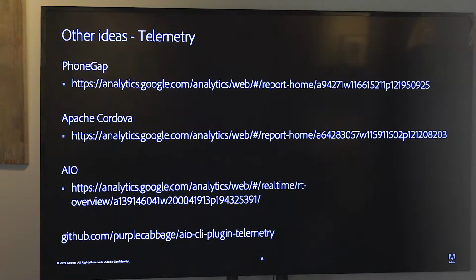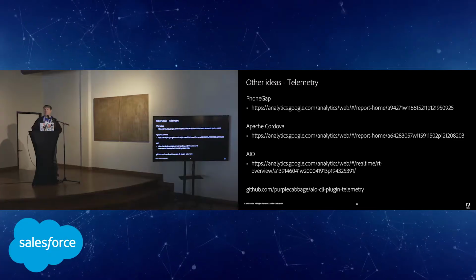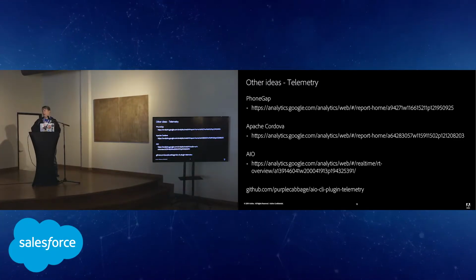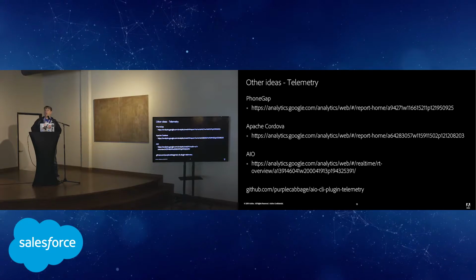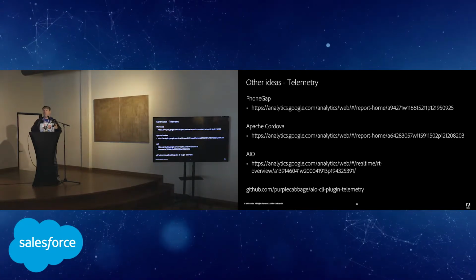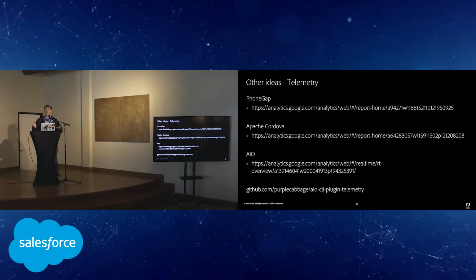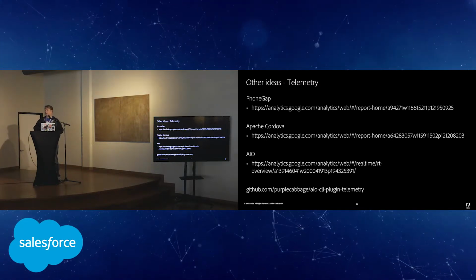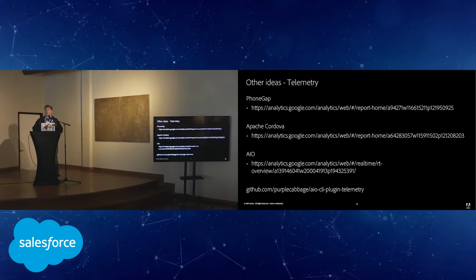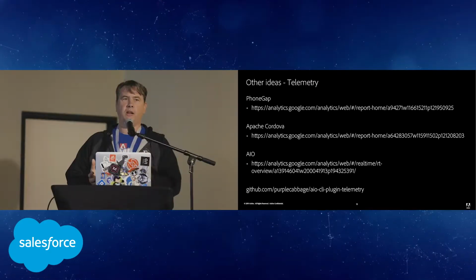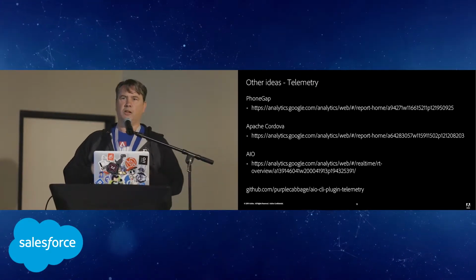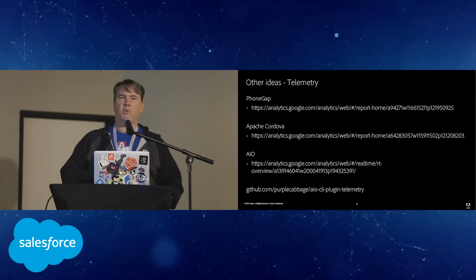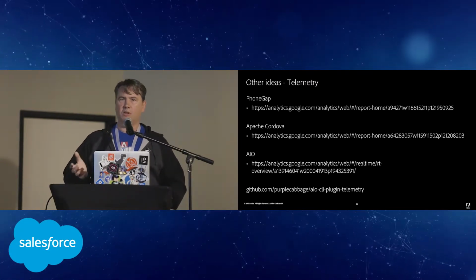So back to the numbers that I talked about, telemetry. In the early Cordova days, like 8 years ago, or probably 5 when we added telemetry, we just did Google Analytics. We dropped Google Analytics into Cordova, and we wanted to know what commands people were using.